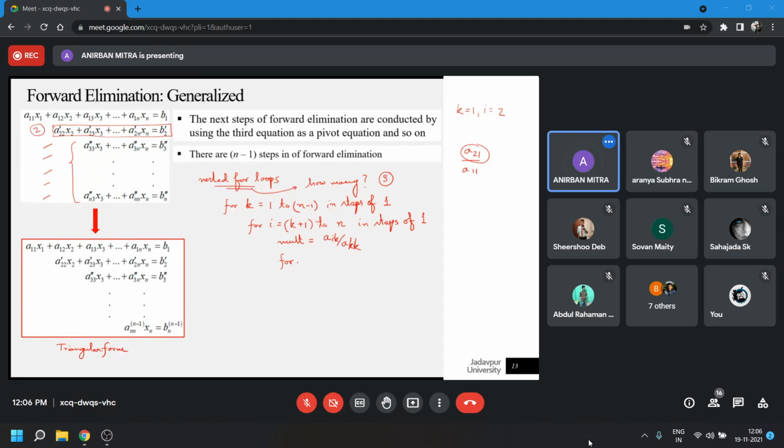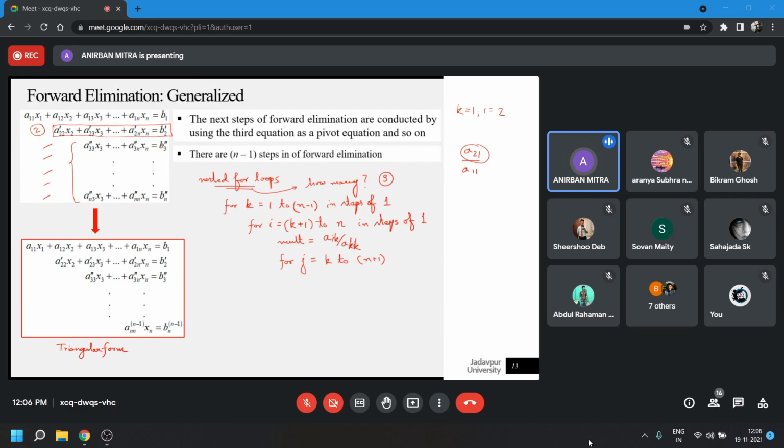Now we come to the third one, which controls the terms in the equation. So let's write it as j would be equal to, it would start from the kth term. So we'll start from k. It will vary to n plus 1. Why n plus 1? We have n number of coefficients and the n plus 1th term is the right hand side vector.